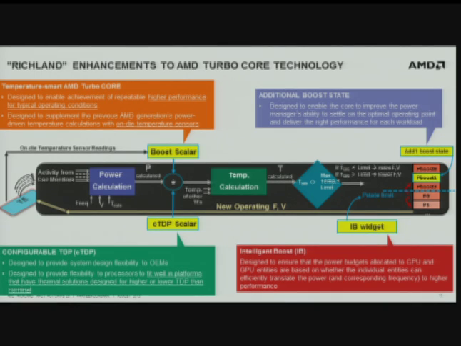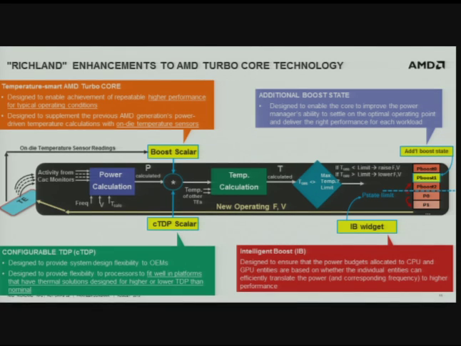We have another interesting feature here called intelligent boost. We try to detect whether a particular thermal entity can translate the higher frequency being given to it into performance. There are many workload scenarios where the application code being run on that thermal entity may not be very sensitive to frequency.